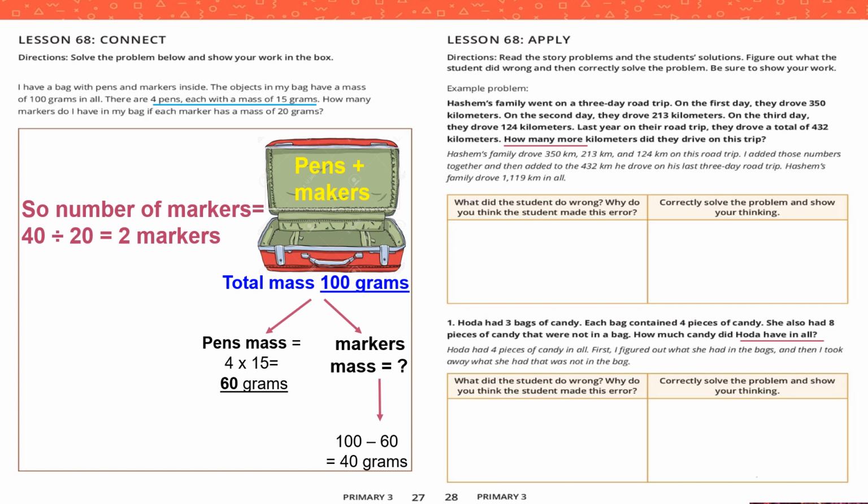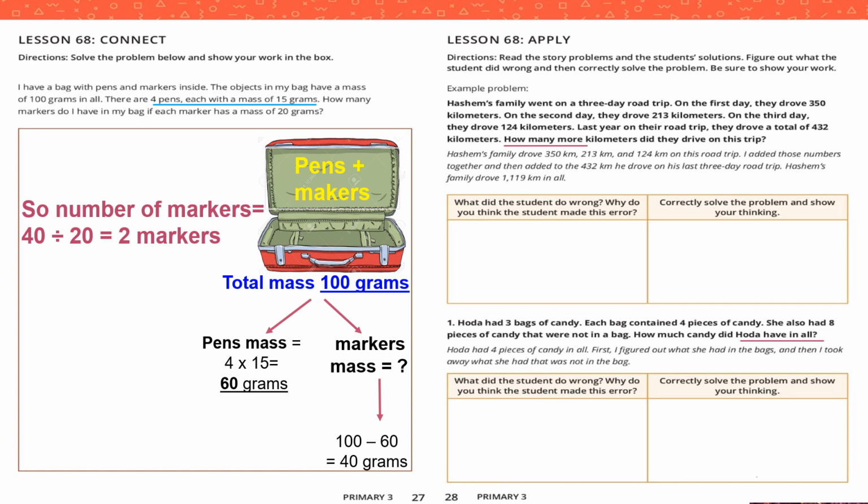Hashim's family drove 350 kilometers, 213 kilometers, and 124 kilometers on this road trip. The student did what? He added those numbers together, then added them to the last year's trip.